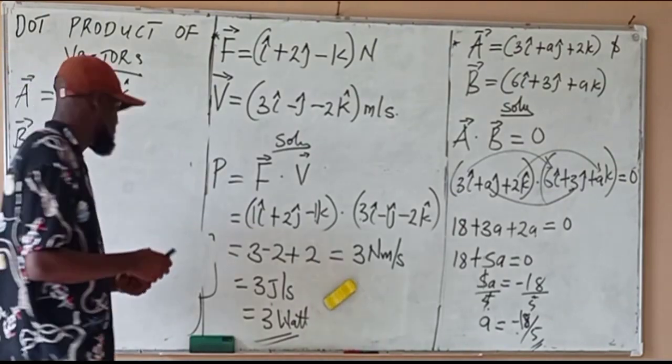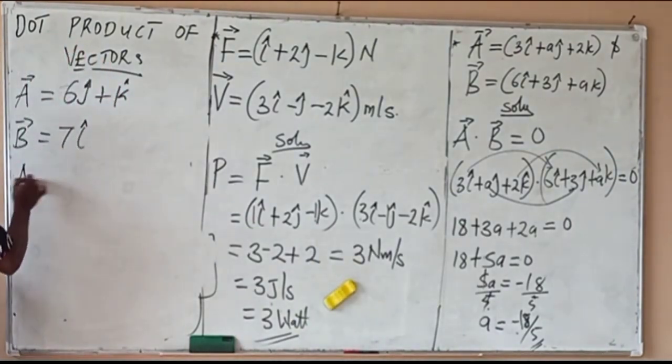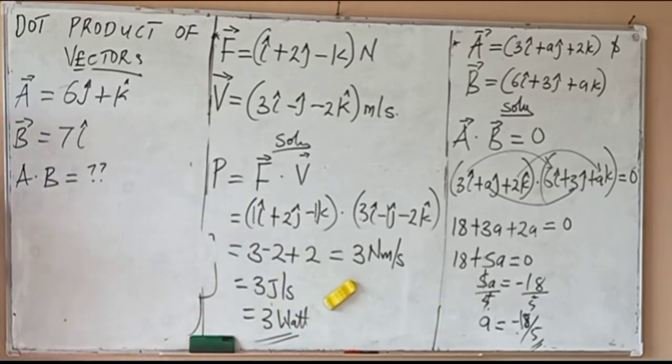What is going to be A dot B? For us to do this, it will be nice to write everything in full so that both vectors have i, j, k.